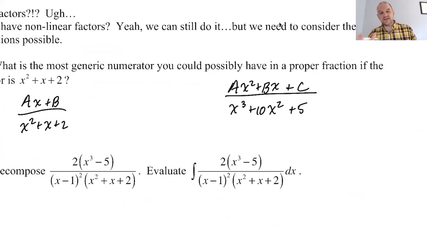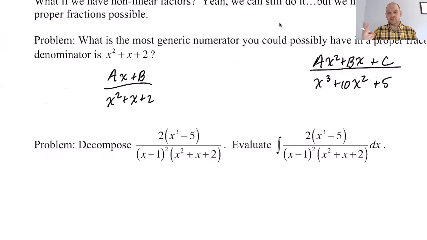So this gets out of hand really fast, because for this cubic one, that's 3 unknowns we need to solve for. Potentially some of them will be 0, which is even worse. But for the quadratic, we have 2 unknowns to solve for. So it's not great, but you can do it. You just have to be organized.